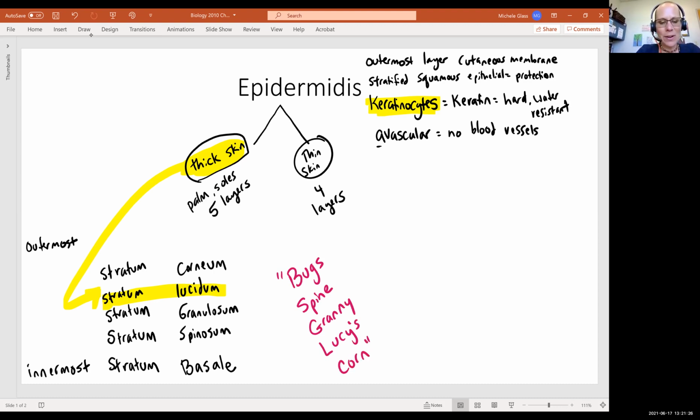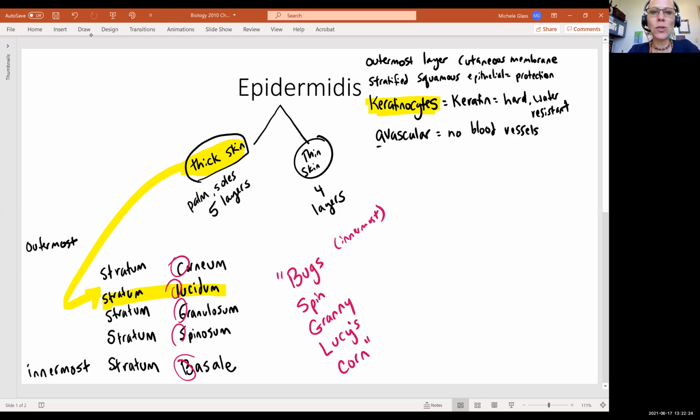To have you remember, starting with the innermost, that the layers go Stratum Basale, Spinosum, Granulosum, Lucidum, and Corneum. Before we go further, let me just say I know how to spell spin, and I see that big typo right there. So let me go ahead and fix that.